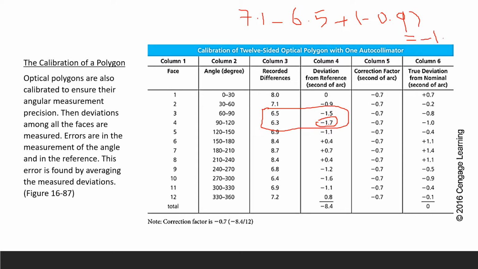That's how we do the calculation between the recorded differences and deviation from the reference. Then you go all the way down, and the last one you will get minus 8.4 deviation from the reference. I can give you an assignment for this so you can be able to do it. That way we can measure all the differences between these faces.